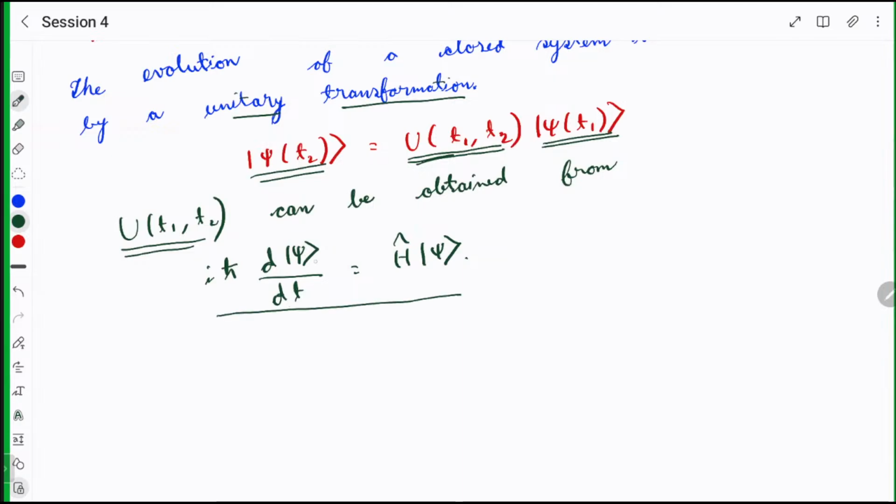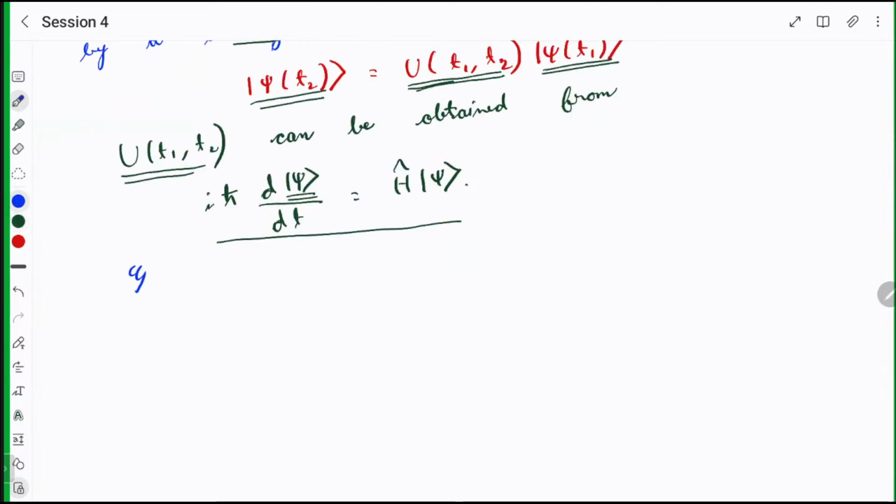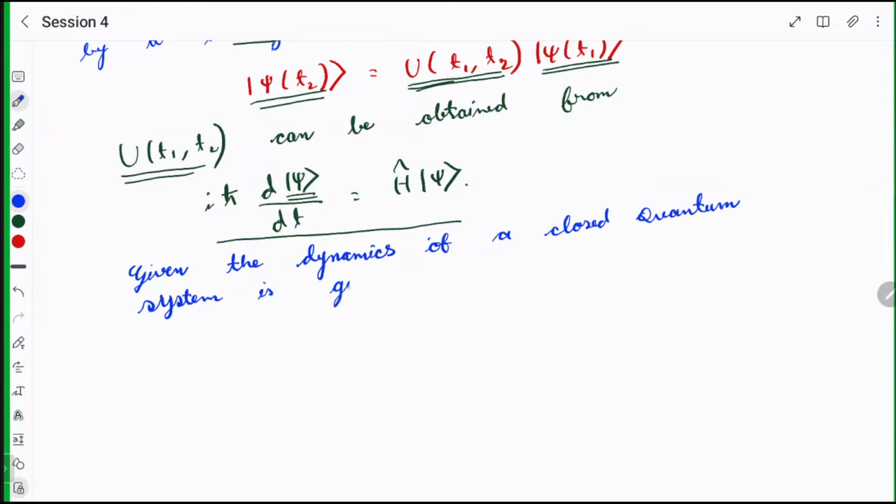Given that the dynamics of a closed quantum system is given by the Schrodinger's equation, given this information.